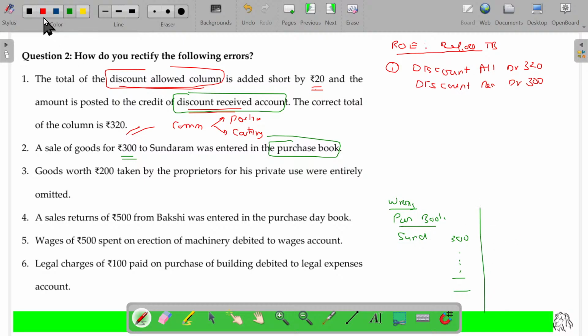But correct one being, you have to post that in the sales book. In the sales book. Sundaram. 300. Okay. 300. Clear?